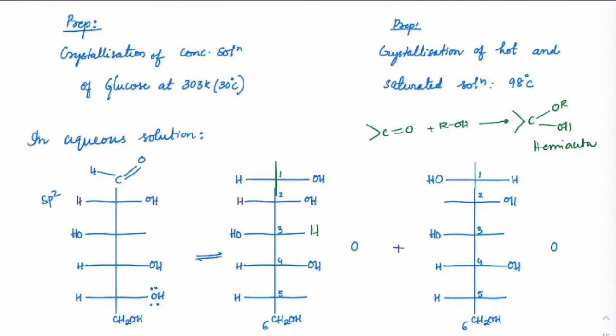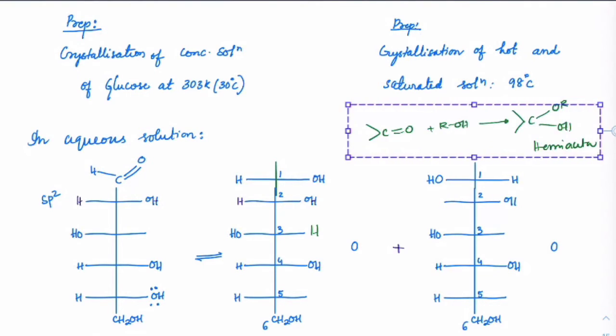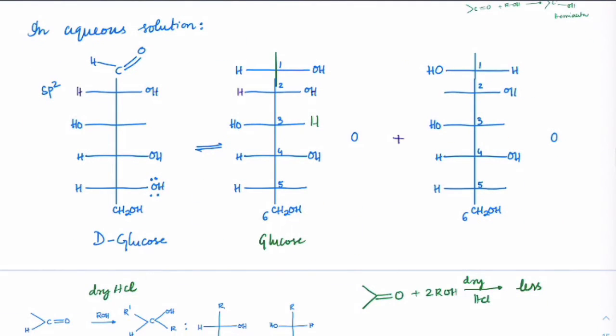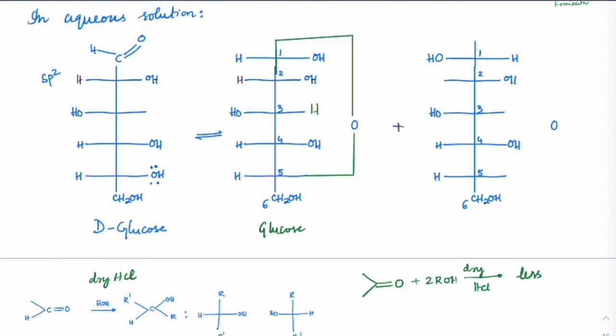So just be with me on this, everyone. This is the hemiacetal, and the same thing is happening here also. This OH from here got connected with this carbon. To show that in this Fischer projection, I am writing it this way. From here it has connected via oxygen to this carbon.